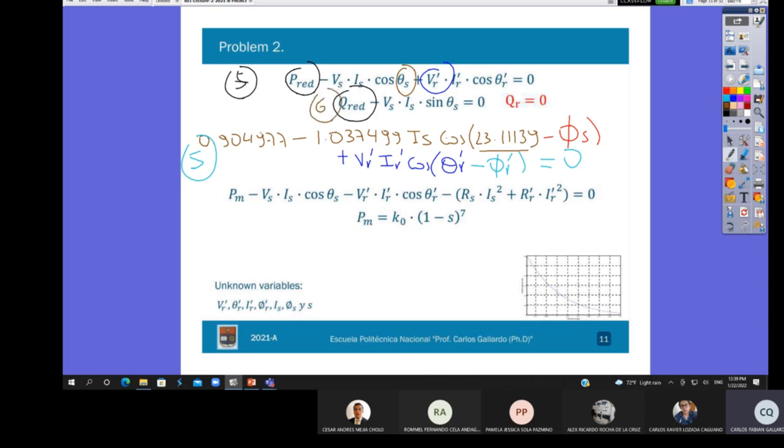For equation number 6, this is the reference set point.